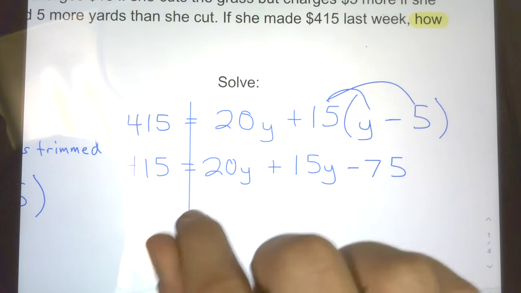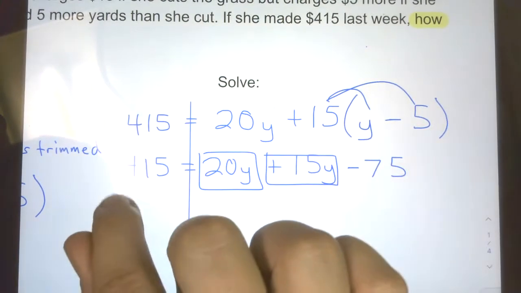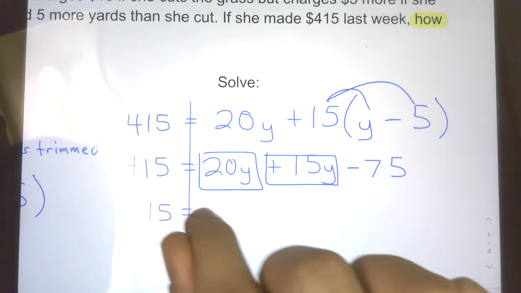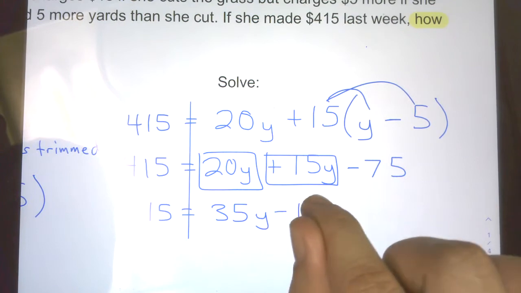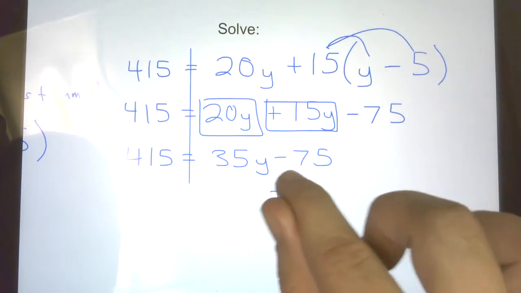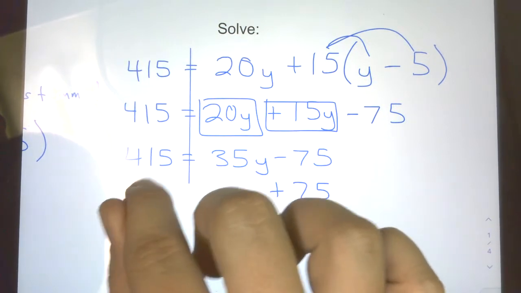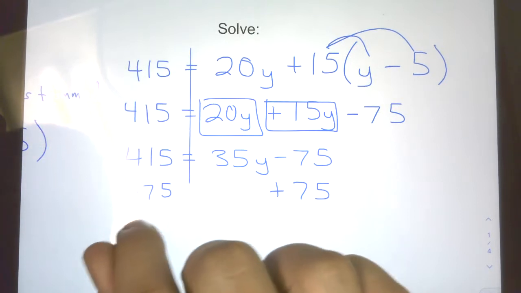So I'm now going to combine like terms, which would be the 20y plus the 15y. 20 plus 15 is 35y minus 75. I'm going to add 75 on both sides. So my 415 plus 75 gets me 490.